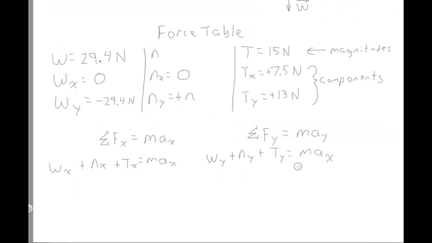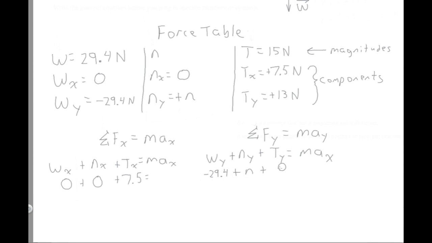Now we can start plugging in. W sub x is 0, n sub x is 0, T sub x is 7.5. W sub y is negative 29.4. n sub y is n.